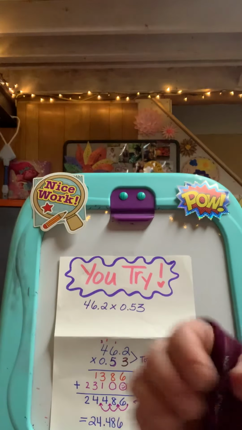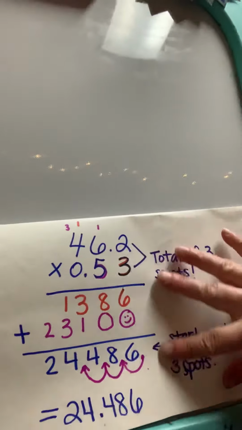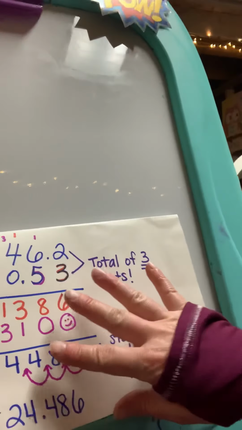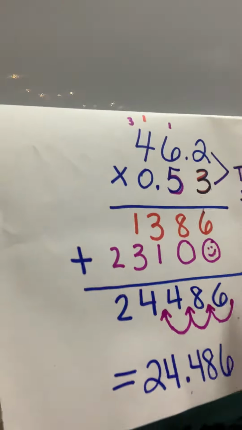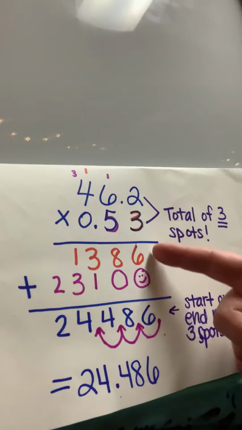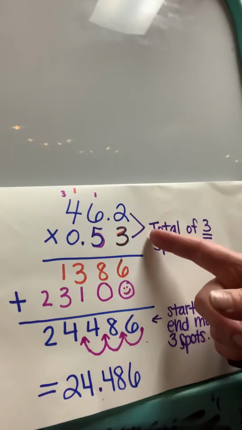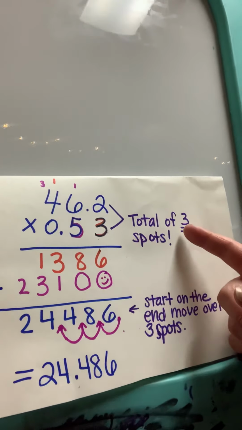All right, let's get nice and close. Okay, so here are all the steps. Let me fold it so you can see it. So here we have our partial products, the numbers that we need to add up to get the product at the end. You had to count how many total place value spots. You should have had 3.